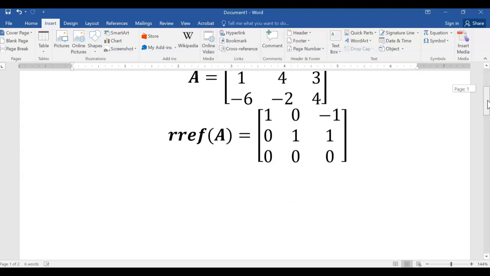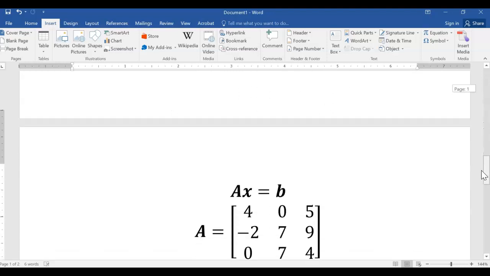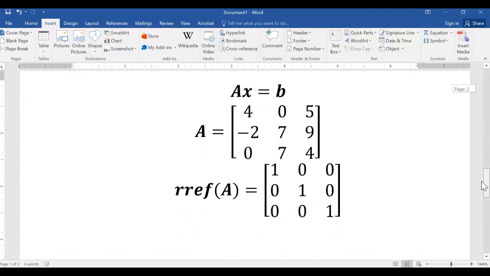Now the other set we had there, 4, -2, 0, 0, 7, 7, 5, 9, 4. Well, when you row reduce that, we row reduce to the identity. And again, this shows me that no matter what B I use, I can get a solution.